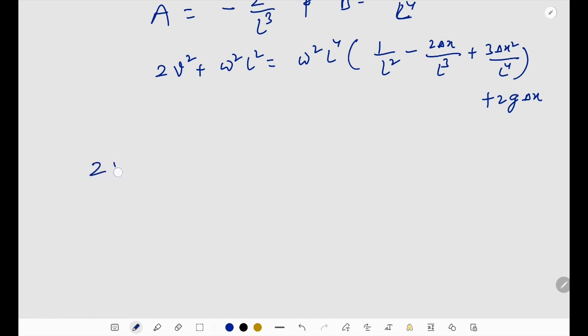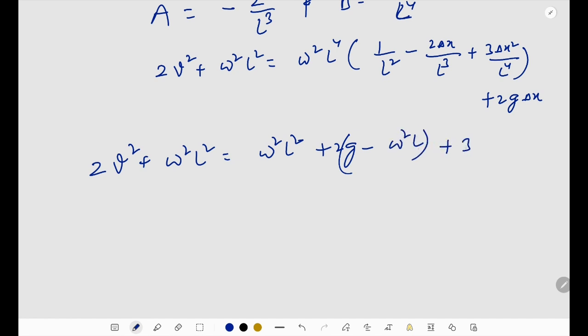You are going to get 2b square plus omega square L square equals omega square L square plus 2g minus omega square L plus 3 omega square delta x square.